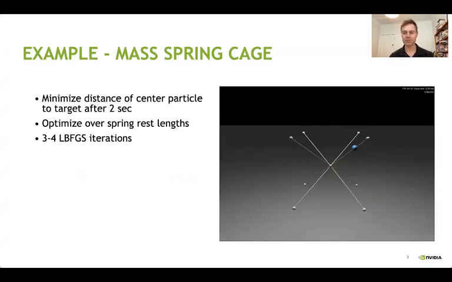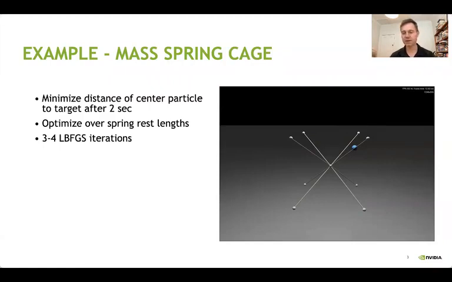Just to give a little bit of an example of this type of system, in this case, on the video on the right, we have a center particle suspended by some springs in space, and the goal is to make the center particle reach the blue sphere, the target. And in this case, the loss function S is just the Euclidean distance to target.